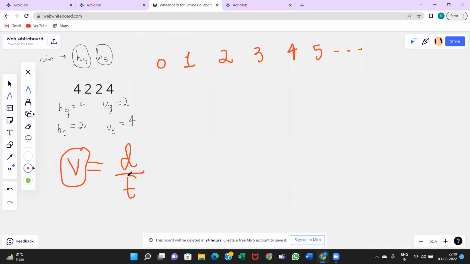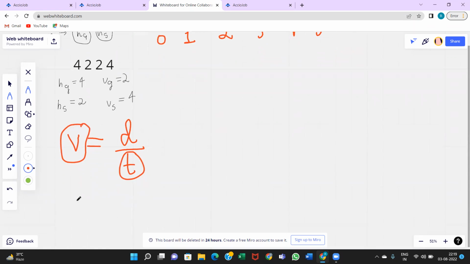and we can also calculate, we are taking some time units. I'm taking 0, 1, 2, 3, 4, 5, and so on. So we have to check every time what will be my height. Here distance is height.